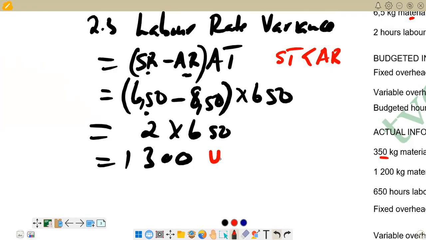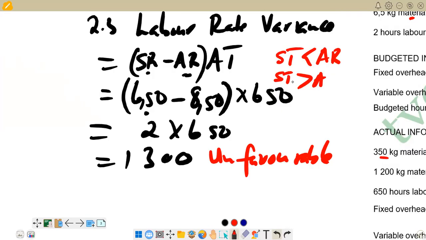The opposite is true when our standard rate is greater than our actual rate, so it becomes favorable. So this is what we have.